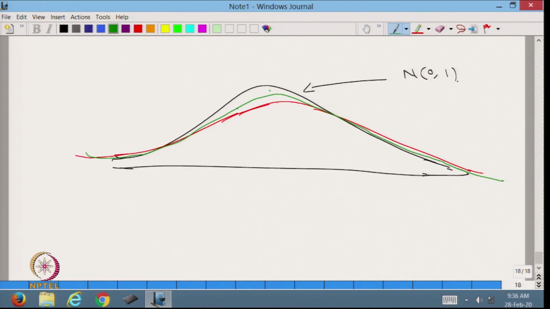Therefore, this is say T with 10 degrees of freedom, but suppose this is T with 5 degrees of freedom.